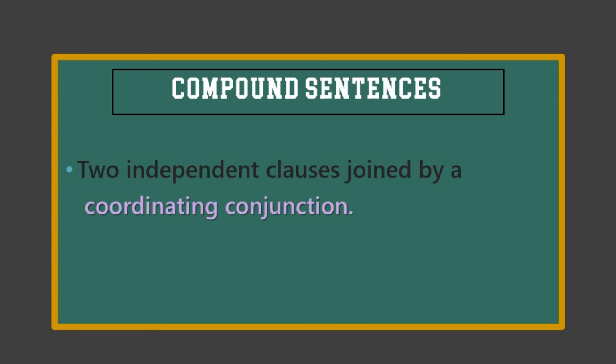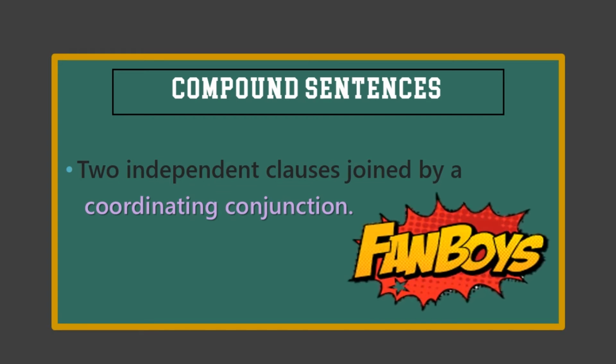Do you remember the fanboys? For, and, nor, but, or, yet, so. Well, these words are coordinating conjunctions and they can be used to join two independent clauses or two sentences to make one compound sentence.